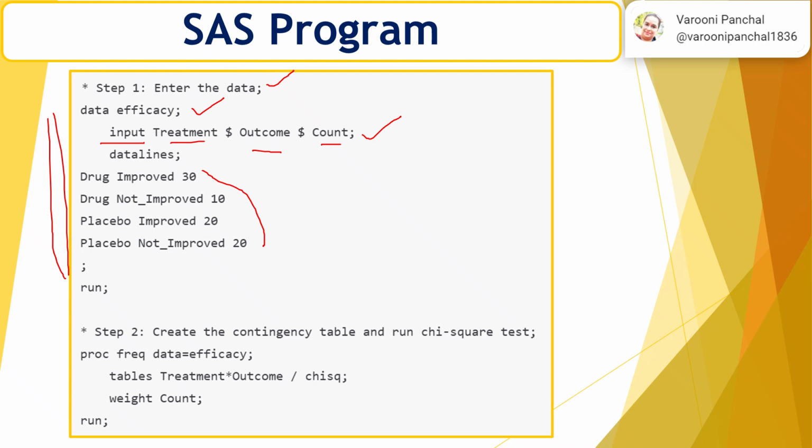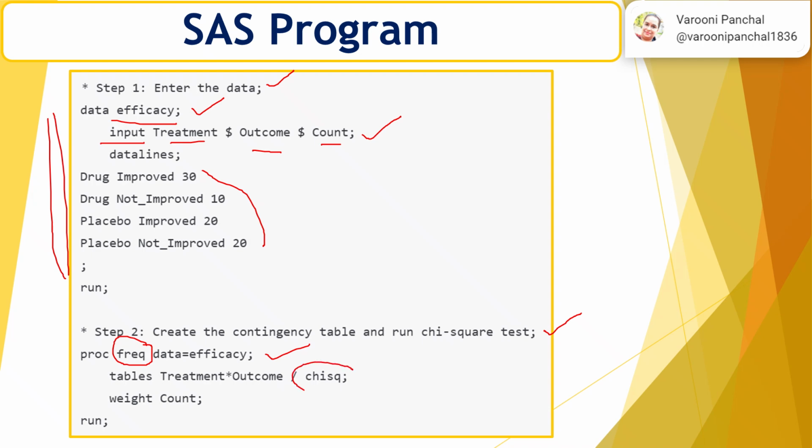Now coming to step 2, which is to create the contingency table and run the chi-square test. We use the PROC FREQ procedure for the chi-square test. We take this data, which is equal to efficacy, and the TABLES statement is treatment * outcome / chi-square.